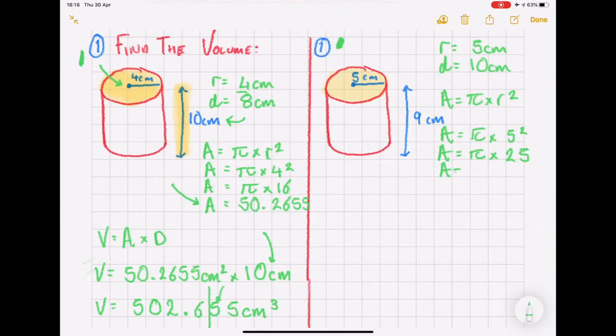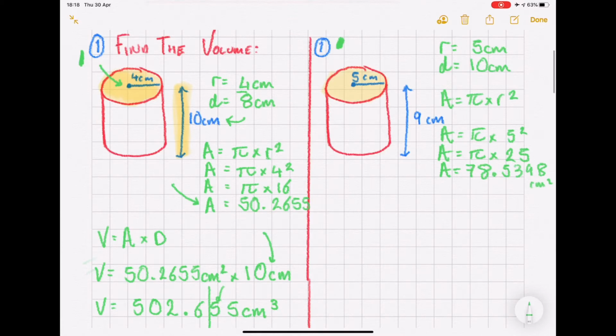If we type that into our calculator, 25 times by pi, we end up with 78.5398, and that's centimetres squared. So that's our first step to finding the volume.